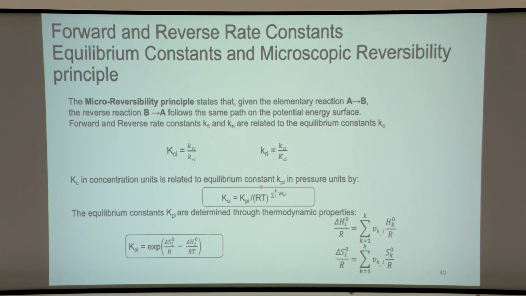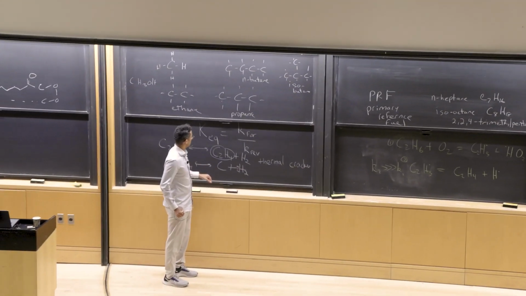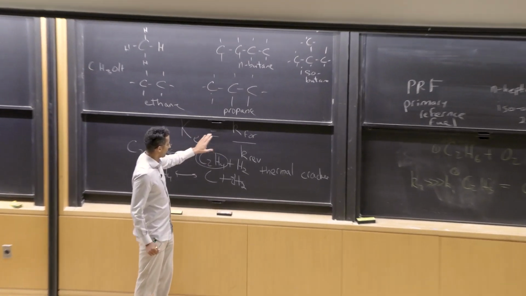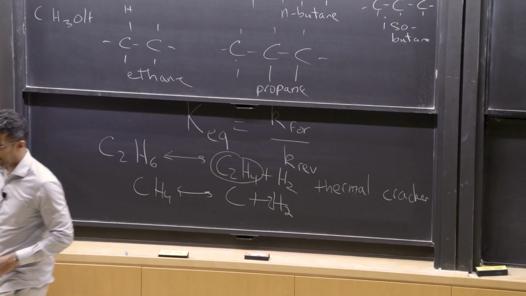The reverse reaction follows the same path. That's the principle of microscopic reversibility. And if that's true, then we can say the equilibrium constant is related to kf over kr. I believe I already showed this before. So the forward rate constant over the reverse rate constant gives us the equilibrium constant.